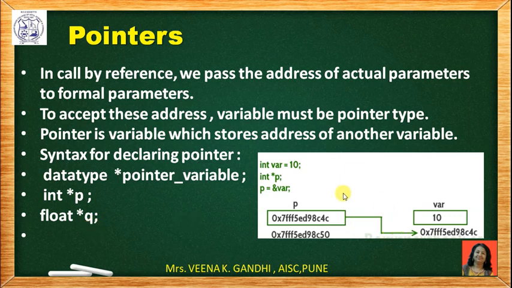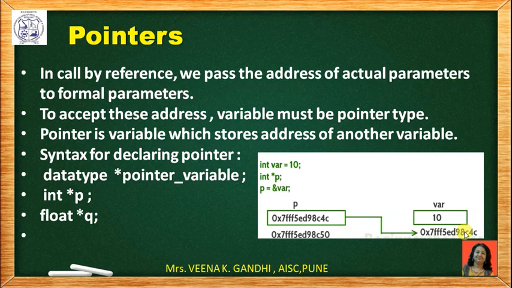Here you can see in this example, we define two variables, int var having value 10 and a pointer to integer, so int asterisk p. Now p stores the address of another variable, and it's var. You can see in the figure var is a variable having value 10 and its address is shown here.